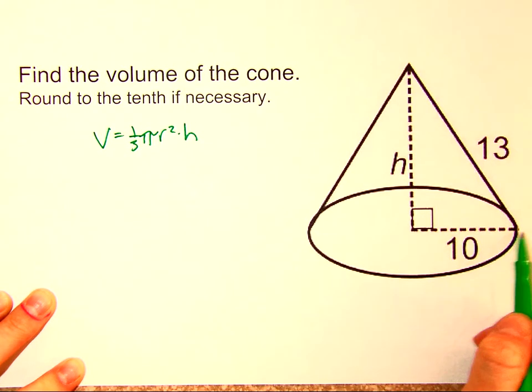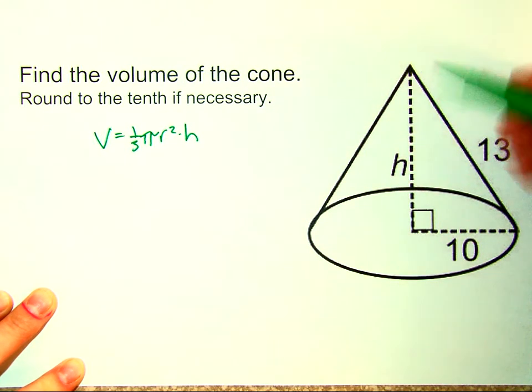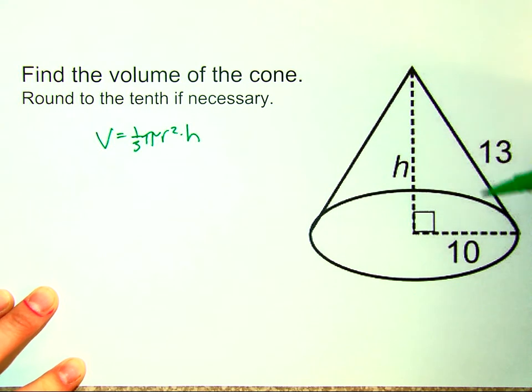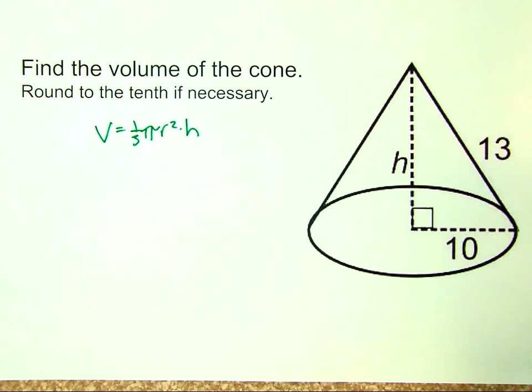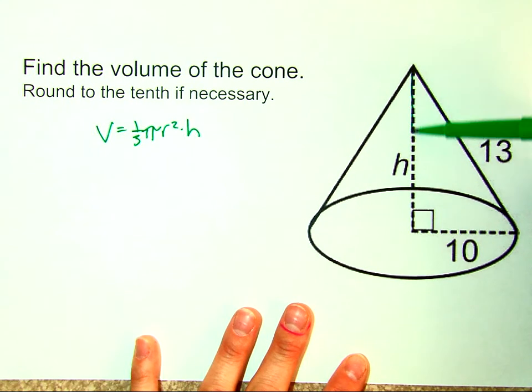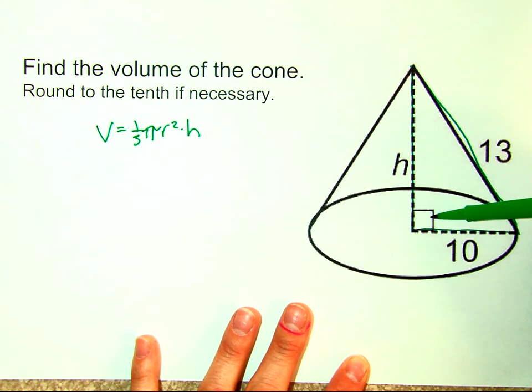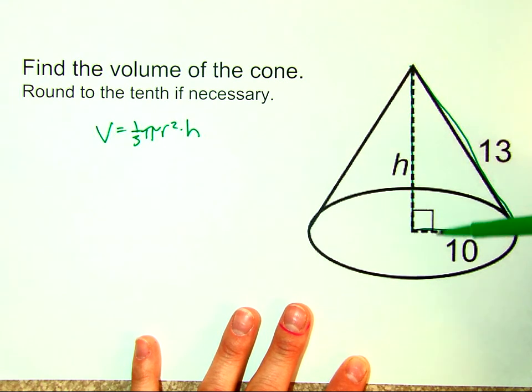Okay, I gave you your radius, but I don't have my height here. Remember, 13 is that side length. It's not the height of the cone. But hopefully, a lot of you realize that you have a right triangle here. Okay, I gave you that right angle as a little bit of a hint, but realize I won't always do that. You have to recognize that this is a right angle.